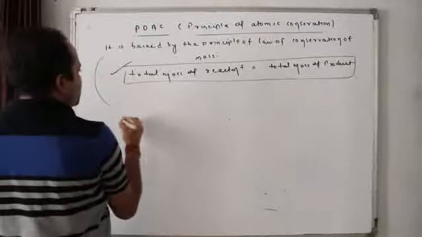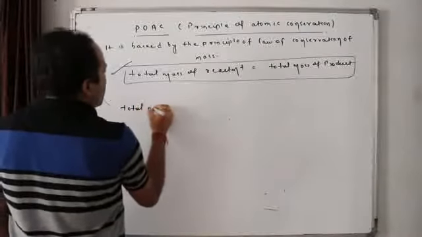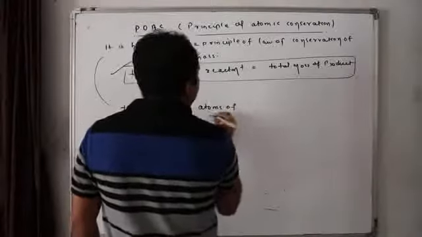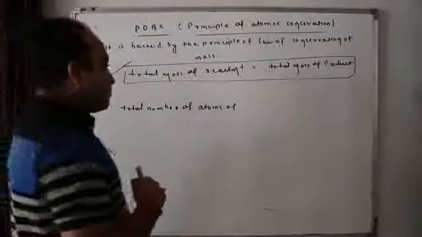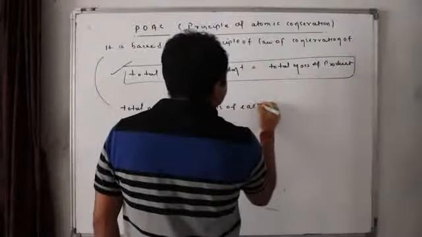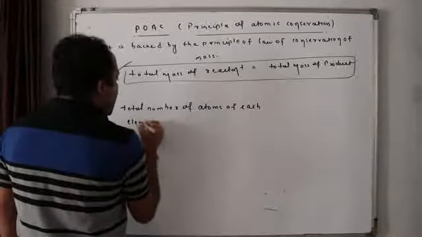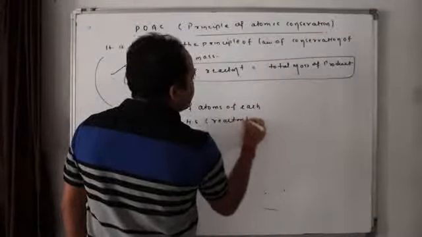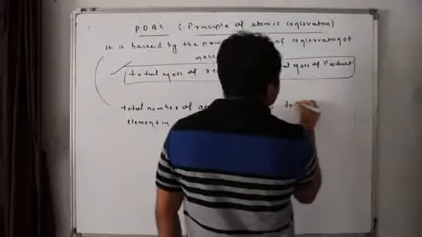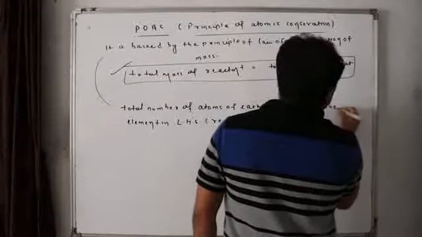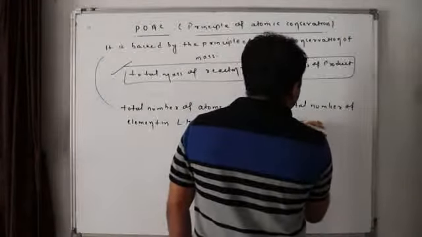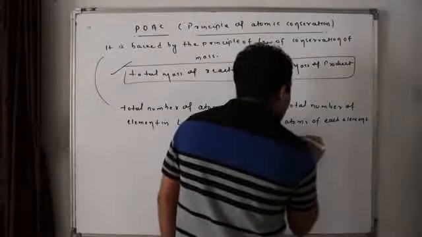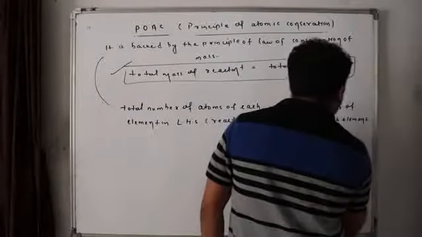So what is POAC? POAC says that total number of atoms of each element in the left hand side, that is the reactant side, will be equal to total number of atoms of each element in the RHS, that means the product side.